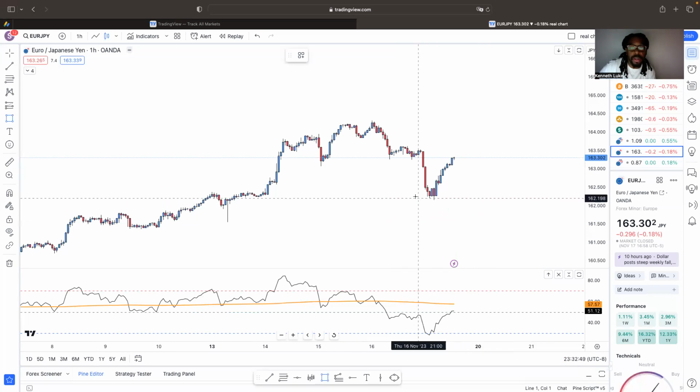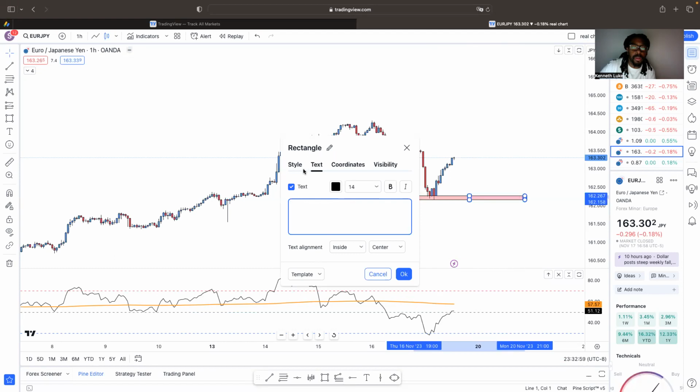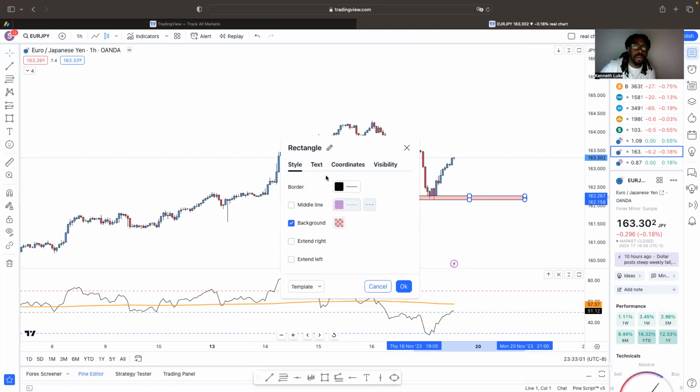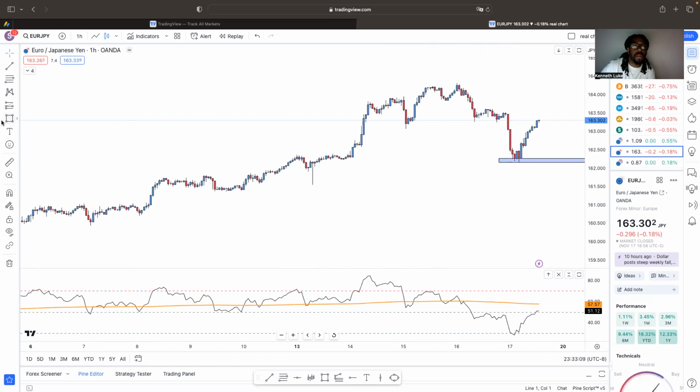So we will mark this area up here. Boom, a blue area. Up here, boom, we got a blue area here.